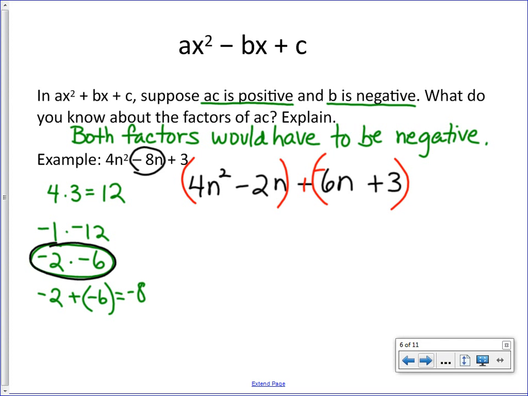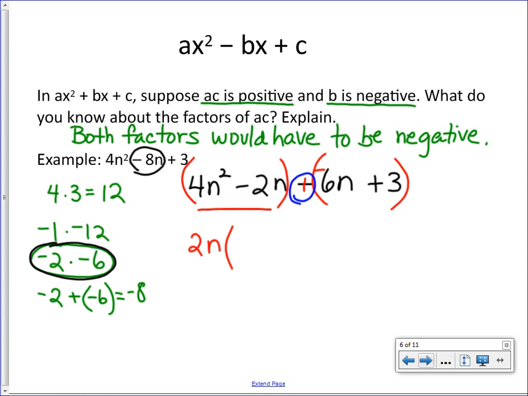All right, and it's just going to be very important that we have a plus sign right here in the middle. So if you have a minus sign there, you want to make sure that you add the opposite before you start factoring out the greatest common factor. Okay, our greatest common factor in our first pair is going to be 2n.